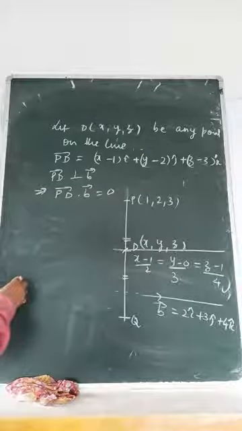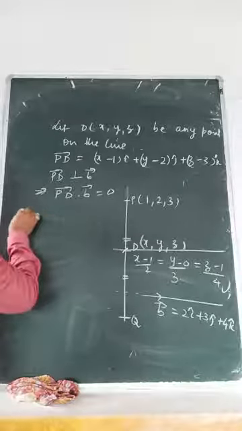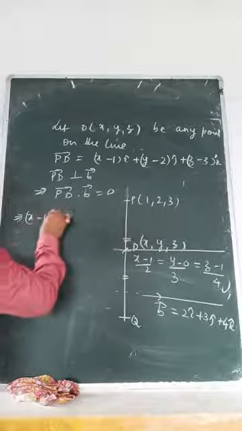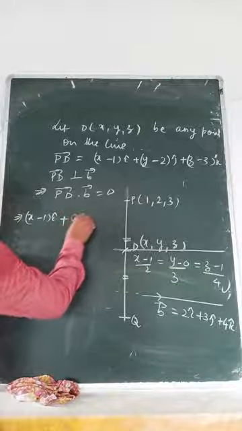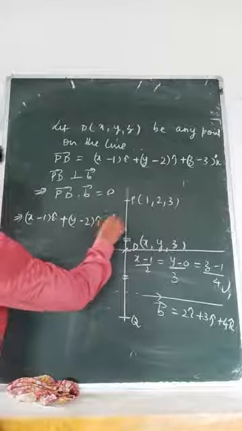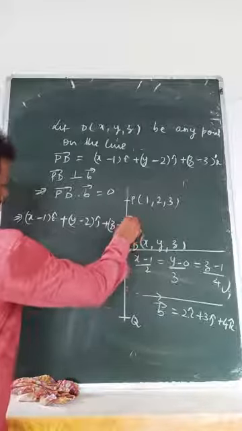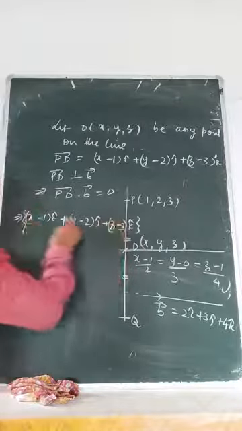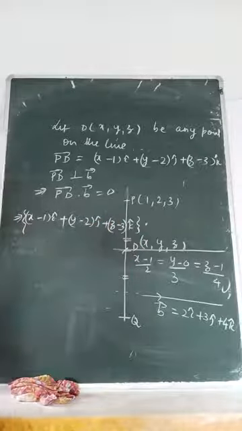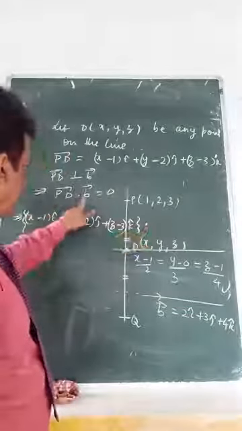So I can write PD means (x minus 1)i, (y minus 2)j, (z minus 3)k dot the b vector. This is confusing, so try to understand.